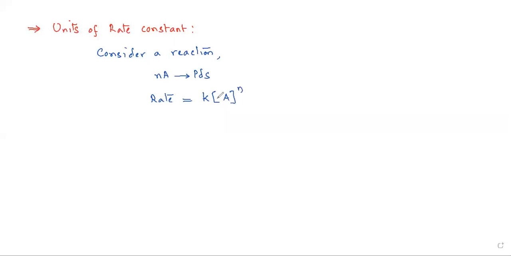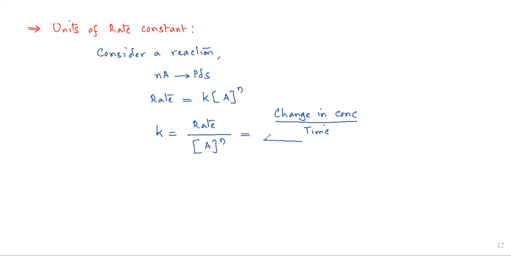So it can be written as K is equal to rate by A power n. We know that rate is a change in concentration by time, then by A power n.